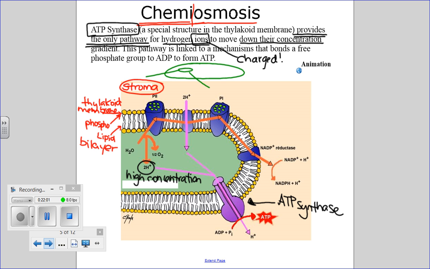Now the way that this does something useful is that as this happens, it's linked to mechanisms that bond a free phosphate to ADP. So how does ATP actually get formed? Technically, hydrogen ions move through ATP synthase, and their movement activates a mechanism, and then a phosphate group is linked to ADP.